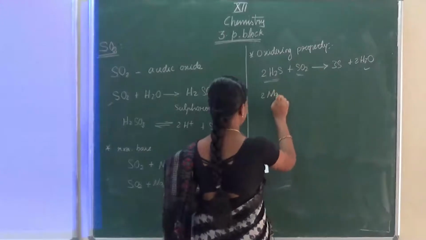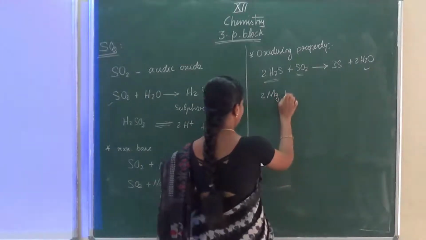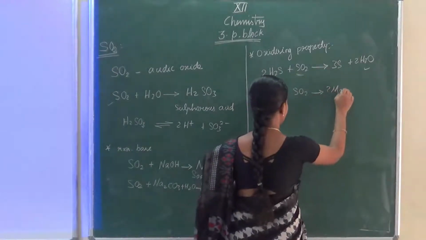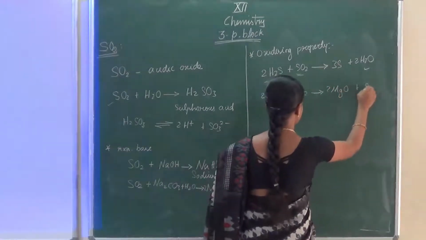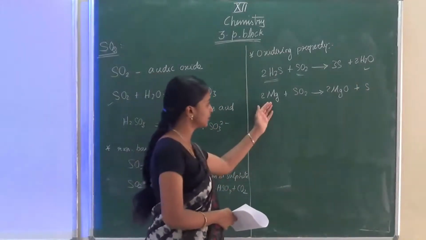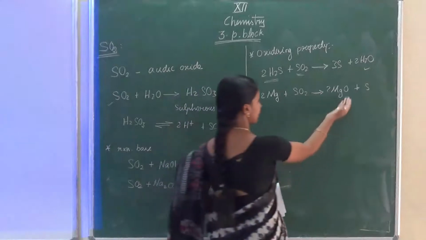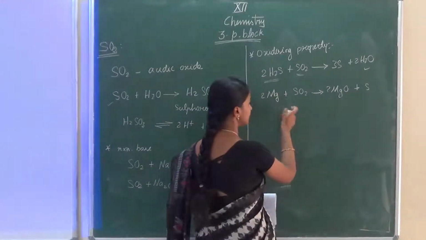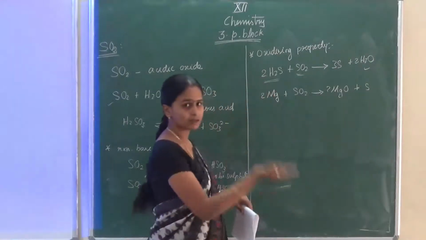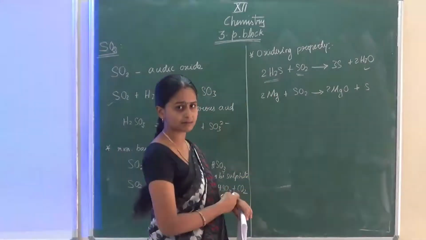The next one here, metal. Here we are taking magnesium. When we treat this magnesium with SO2, we get magnesium oxide plus sulfur. With magnesium, oxygen is added, so magnesium is converted into magnesium oxide. Addition of oxygen, oxidation process is taking place.